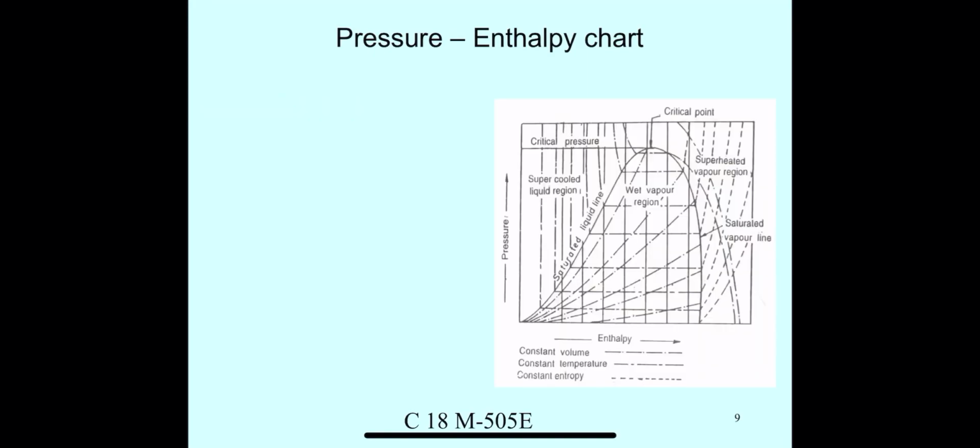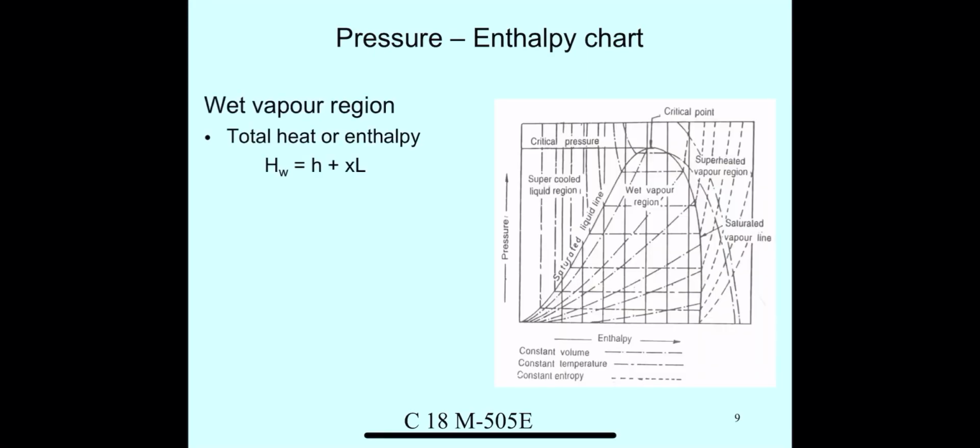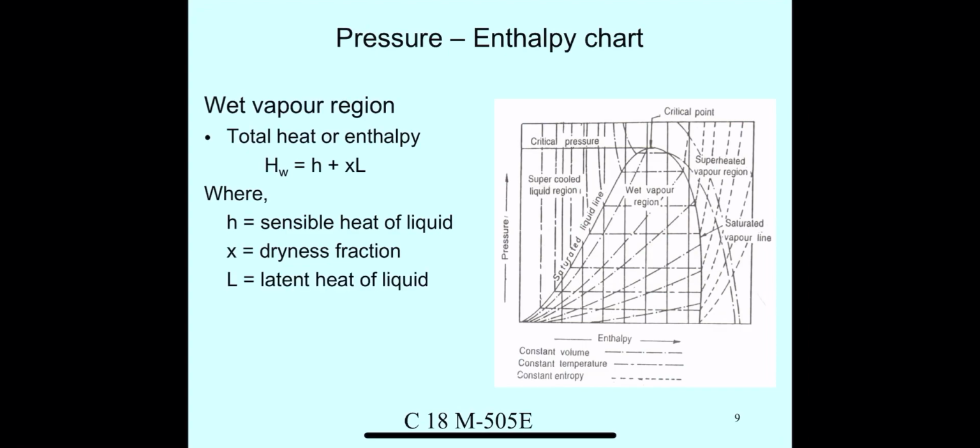In the wet vapor region, the total heat or enthalpy is H_w equal to h plus x into L, where L is the latent heat, h is the sensible heat of the liquid, x is the dryness fraction and L is the latent heat of the liquid. Okay, so for the saturated vapor, the total heat H is equal to h plus L.